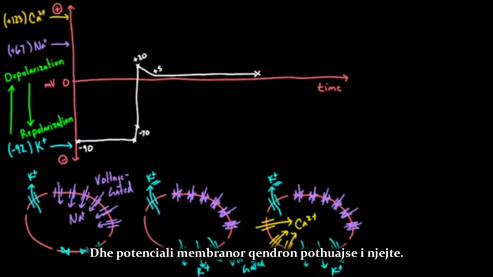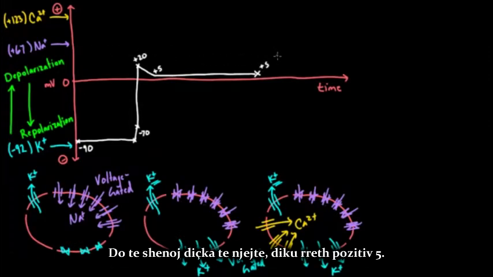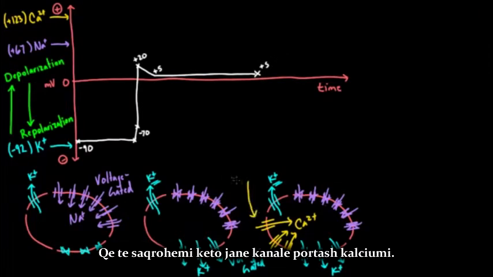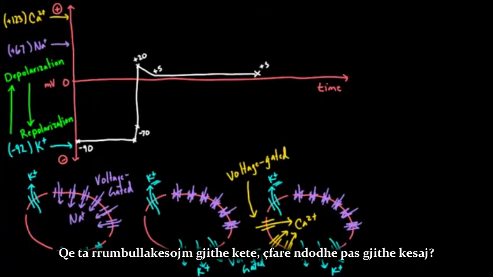And the membrane potential stays kind of around the same. And so we can just write something like +5. Just so we're clear, these are also voltage-gated calcium channels.